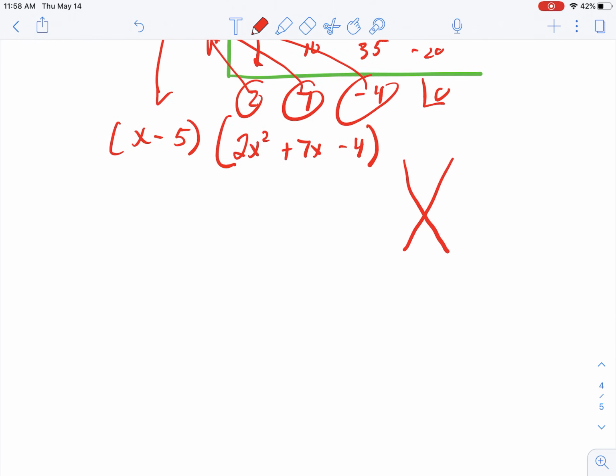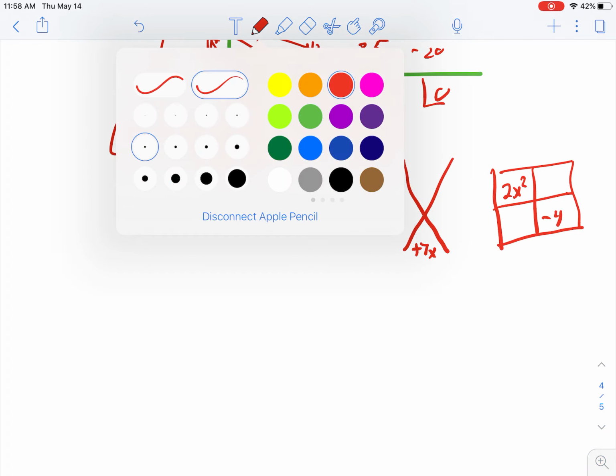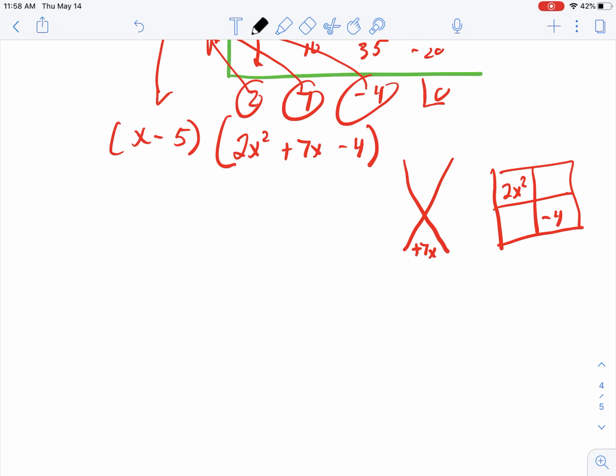And now what we can do is the x box method. So here's x, there's my box. Plug my numbers in, 2x squared, minus 4, plus 7x. Okay, we have -8x squared. And it looks like the ones that will work would be positive 8x and a negative 1x. So I have to take a 2 here and a 1x here.